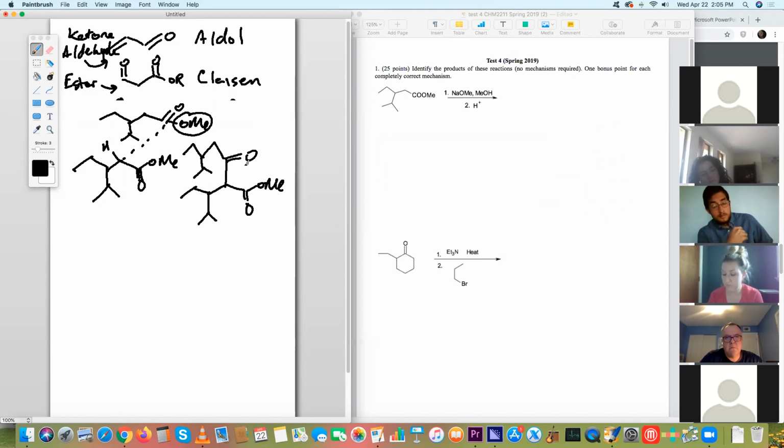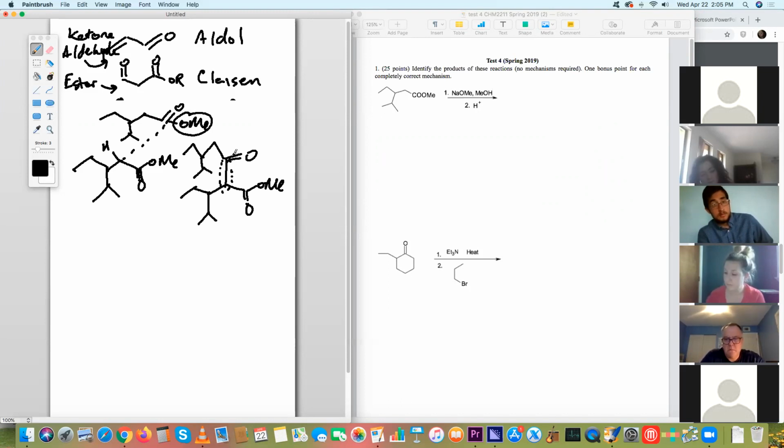And you can see this bond that I've dotted in here, that's the new bond between the two that we talked about, the alpha carbon and the C double bond O from the other one. Does anybody have any questions so far?